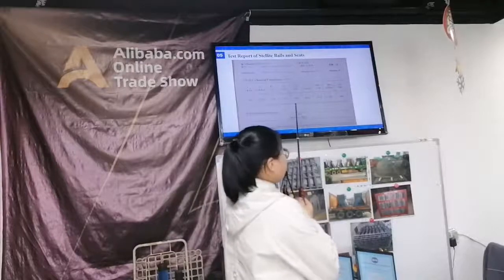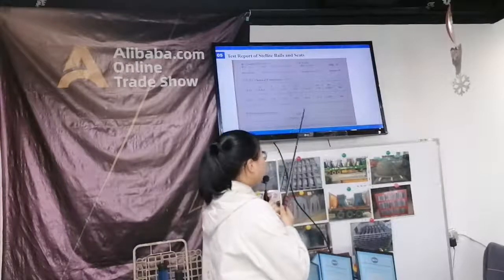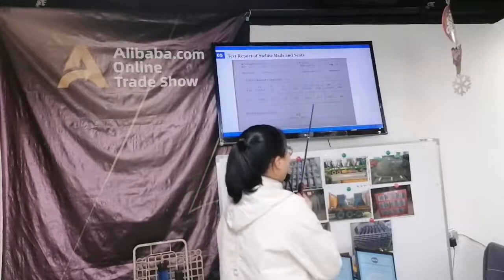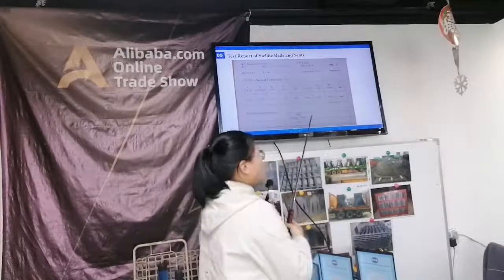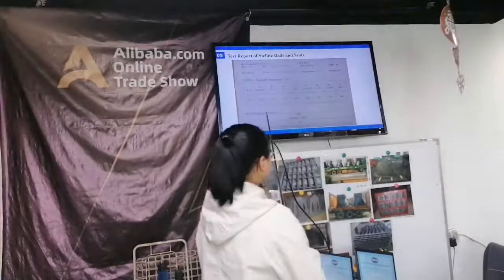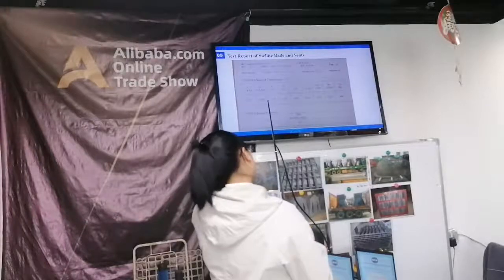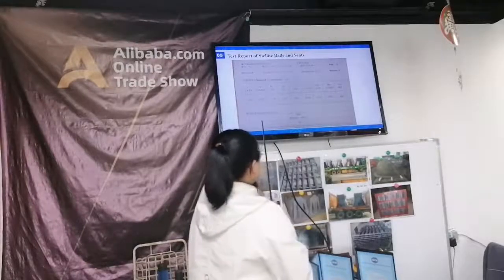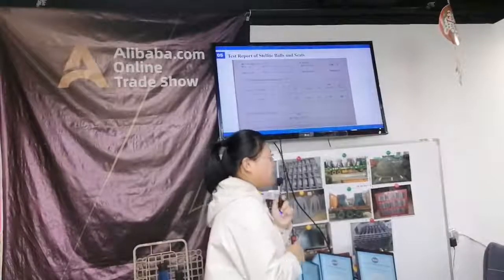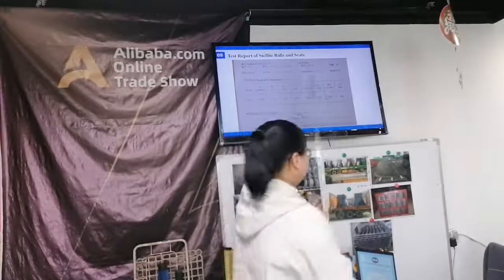Silicon is 0.59. Tungsten is 18.1. Manganese is 0.27. And the cobalt is balanced. For physical properties, the hardness is HRC59.6.